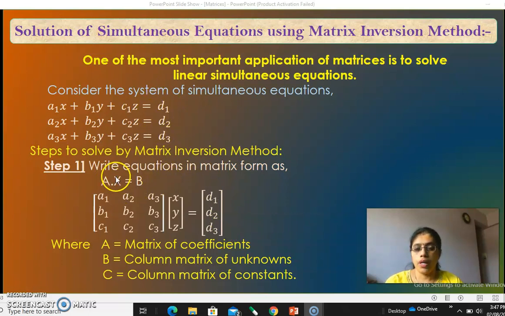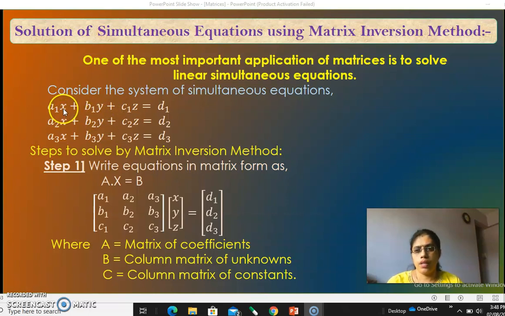Before writing those equations into matrix form, you first have to check whether the equations are in standard form or not. What is that standard form? In each and every equation, your first term should be x, second term should be y, third term should be z, and the constants should be on the RHS. It is not necessary that x, y and z are given every time. Maybe other alphabets may be asked to find.